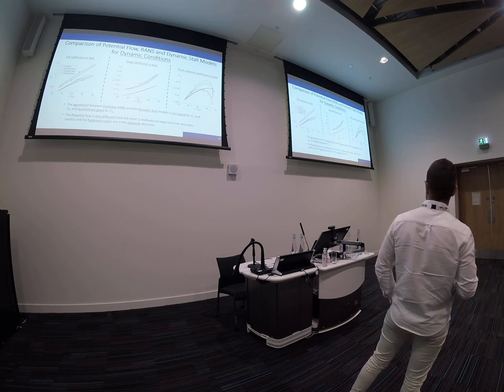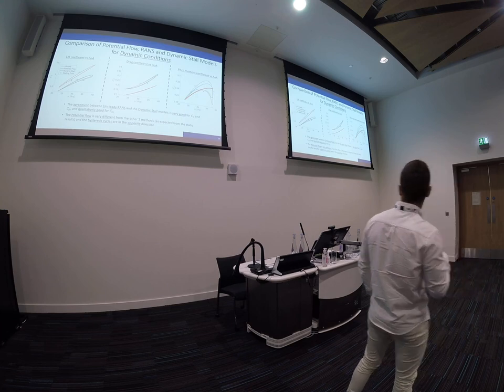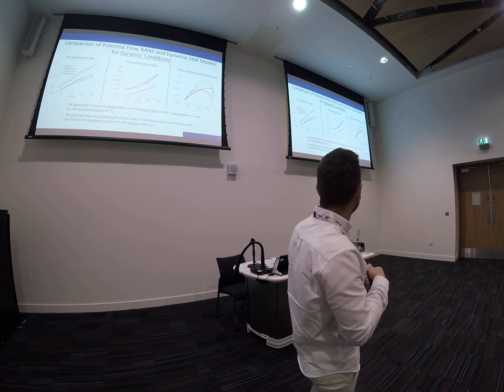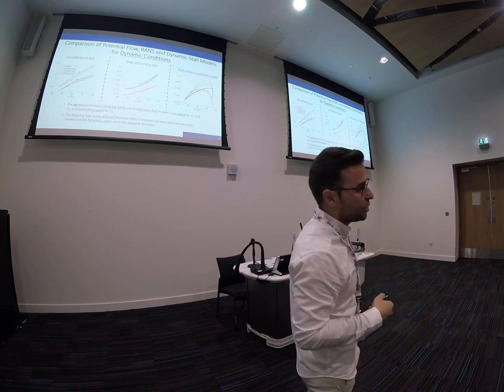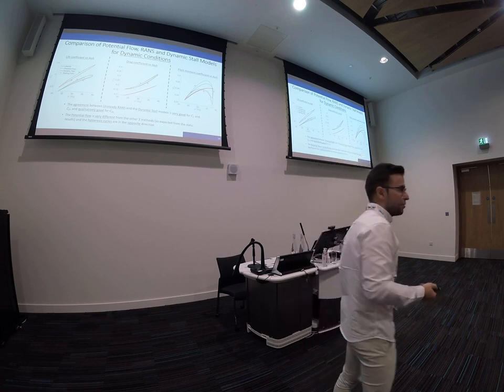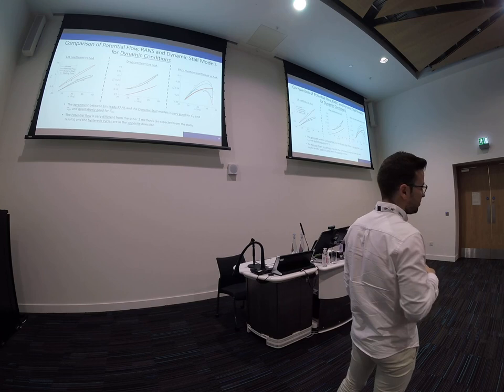But the match is quite, we would say that it's quite good. Even for the pitching moment, it's qualitatively good. And also we noticed that potential flow also had some hysteresis, but the hysteresis is in the opposite direction, because the potential flow hysteresis has a different mechanism from the viscous one, basically. So here the important thing is the angular rate, and here the separation.